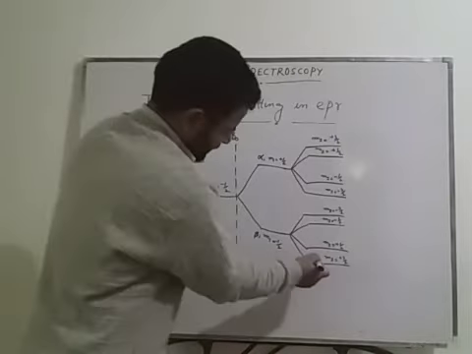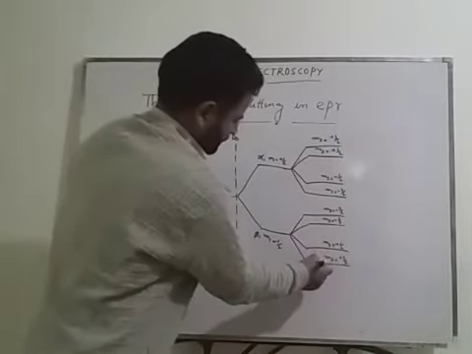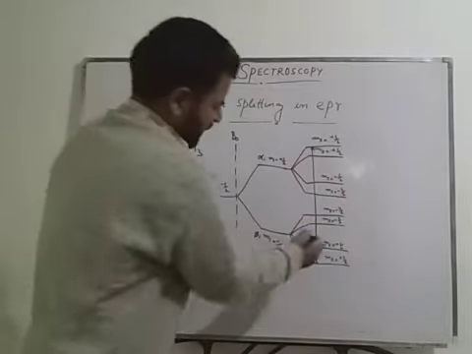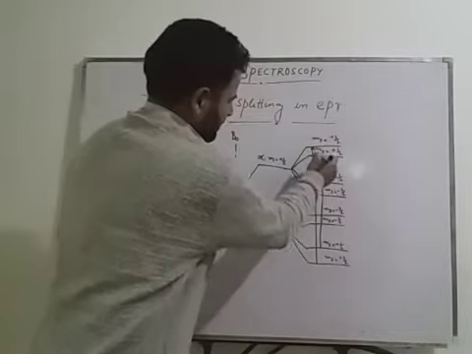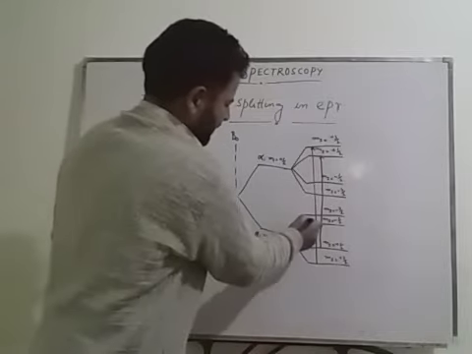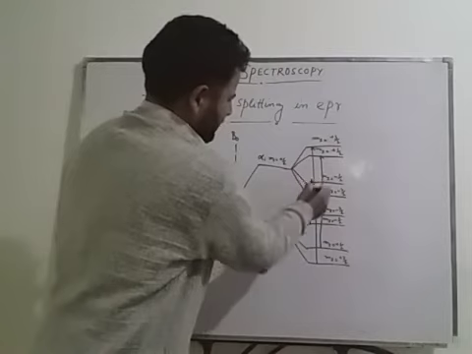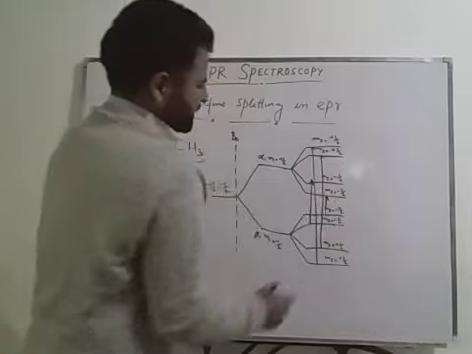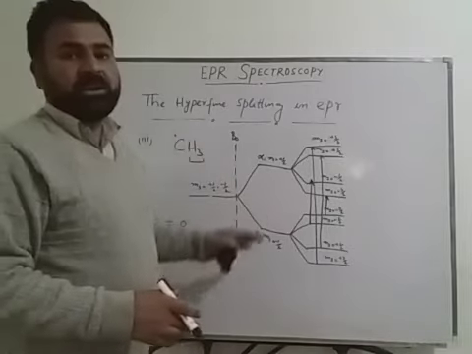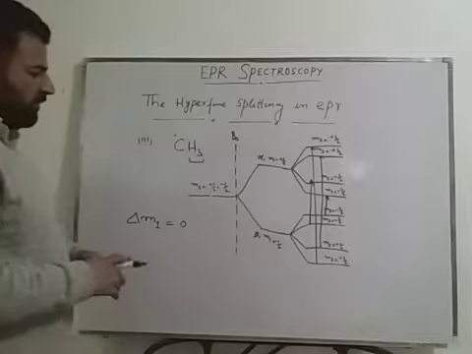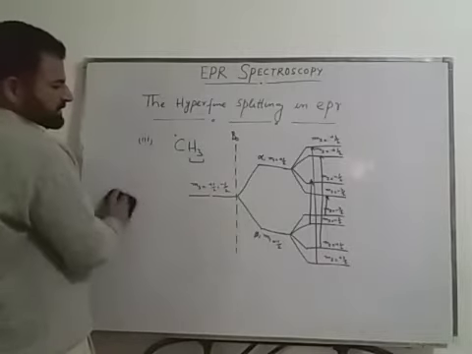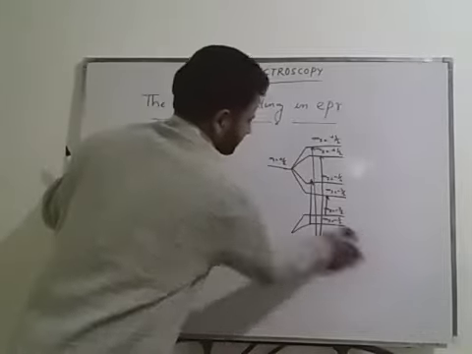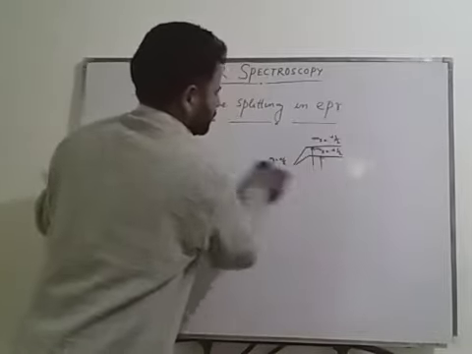So one transition is from plus 3/2 to plus 3/2, another is plus 1/2 to plus 1/2, the third is minus 1/2 to minus 1/2, and the fourth is between minus 3/2 to minus 3/2. So there are four kinds of transitions possible, so it will show four peaks in the case of this methyl radical, and they can be shown like this.